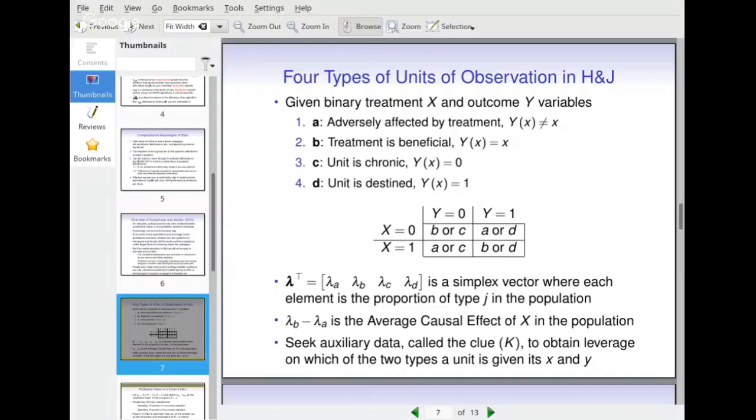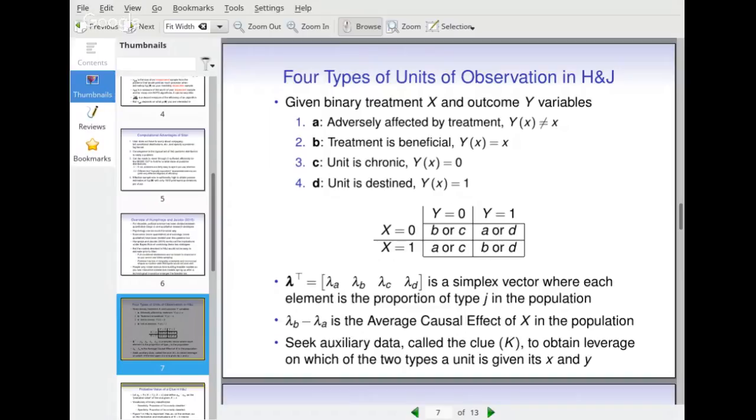And we need the posterior distribution of lambda A and the posterior distribution of lambda B in order to do that subtraction and get an estimated posterior distribution of the average causal effect of this treatment on this outcome. So this is really the key quantity of interest. And we can't just go out and observe it.